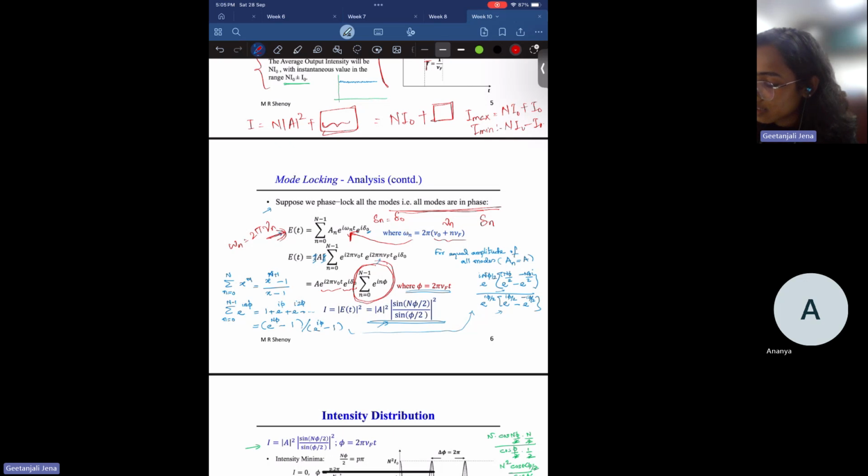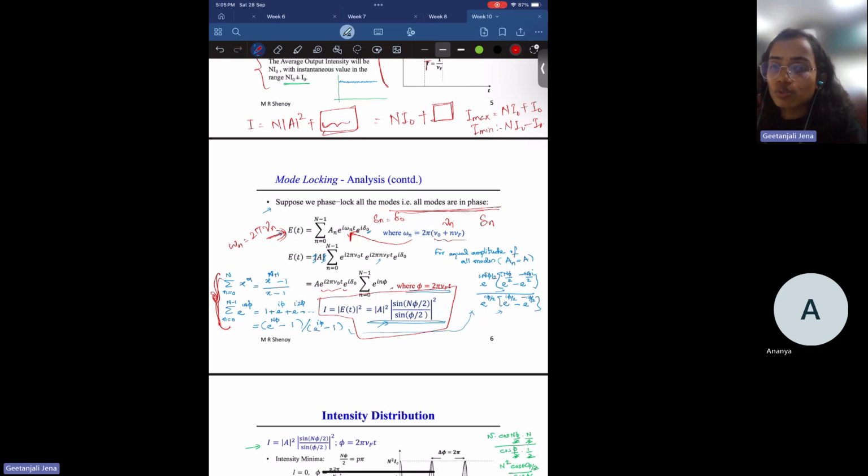And if you recall the binomial expansion, this expression you can solve. So just follow this formula to get this expression of intensity. I think it is easy to solve, so I'm not going through this.